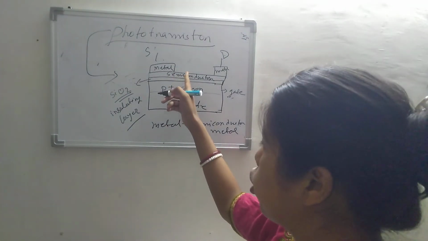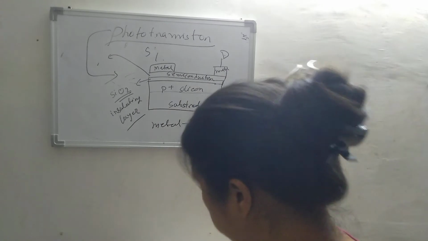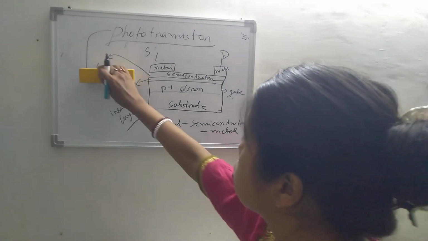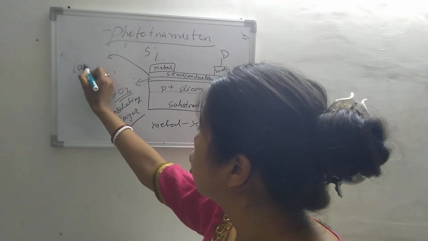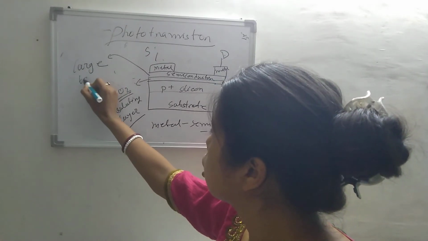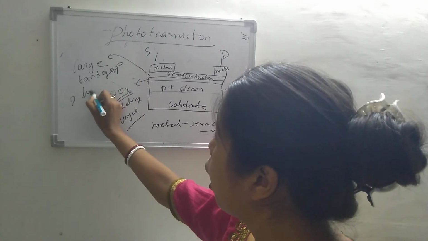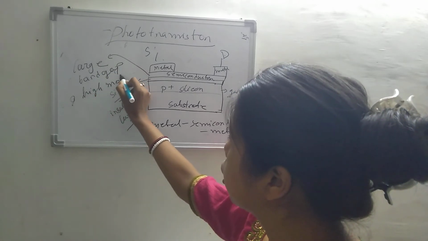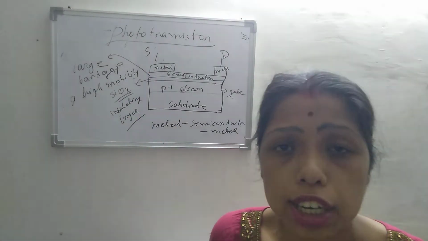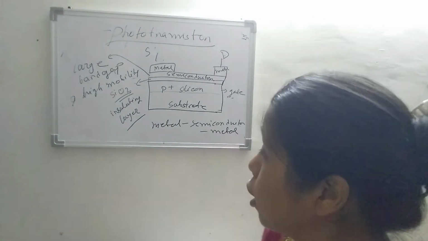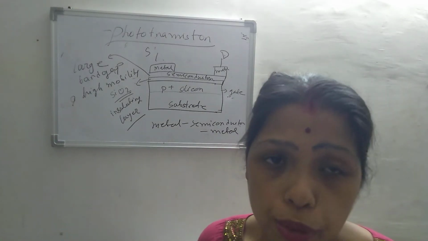Now coming to the semiconductor. This semiconductor should have large band gap and high mobility. Whatever semiconductor we can use, maximum semiconductors are large band gap, and these semiconductors have high mobility.